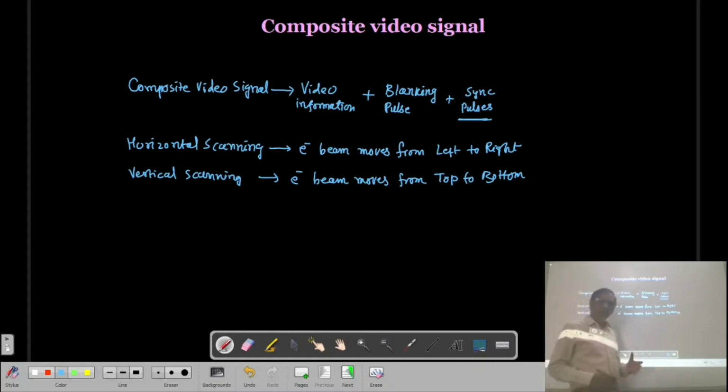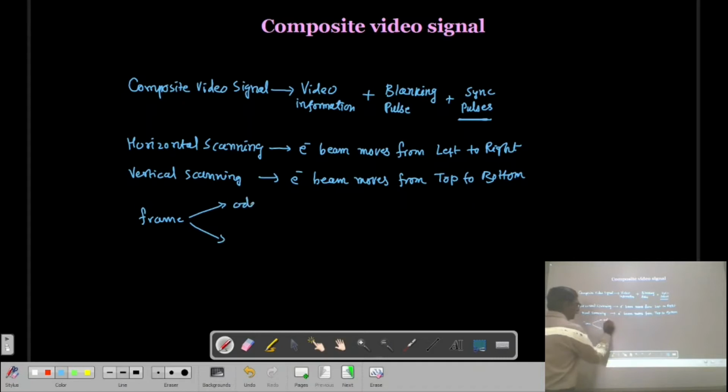Now in a previous lecture it was already mentioned what the horizontal scanning frequency and the vertical scanning frequency are. Here we are talking about interlace scanning. Remember, in interlace scanning the whole frame is divided into two fields. The frame is divided into two fields.